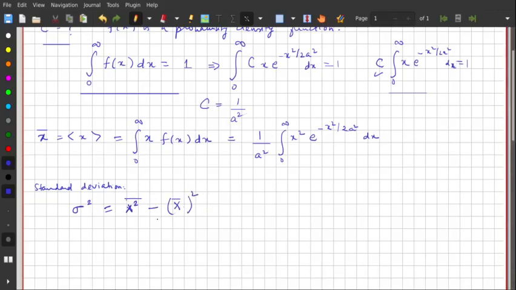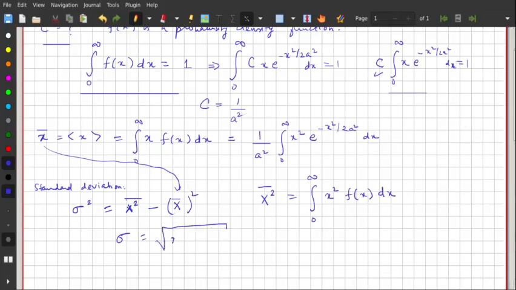This quantity can again be easily evaluated, given that we compute x bar from before, and x square mean is the second moment, which is just the integral from 0 to infinity of x square f of x dx. If we substitute this term here, the standard deviation can be computed as the square root of the mean of x squared minus x bar whole square.